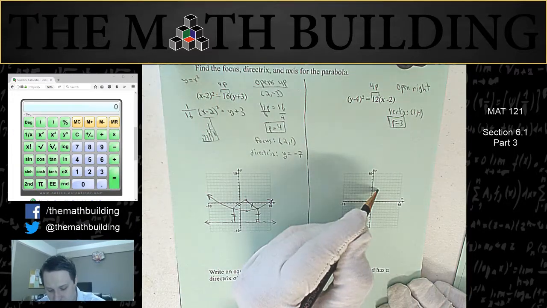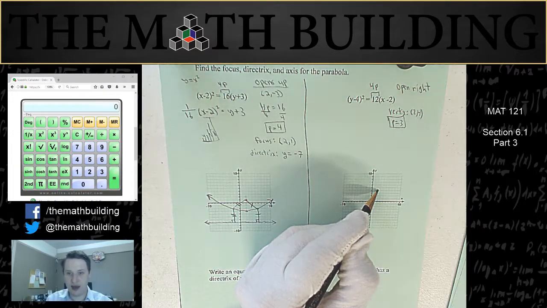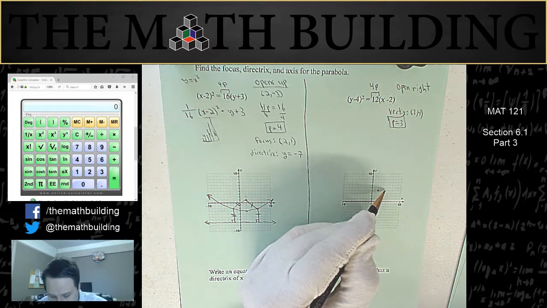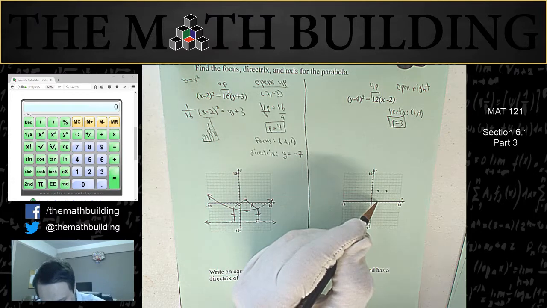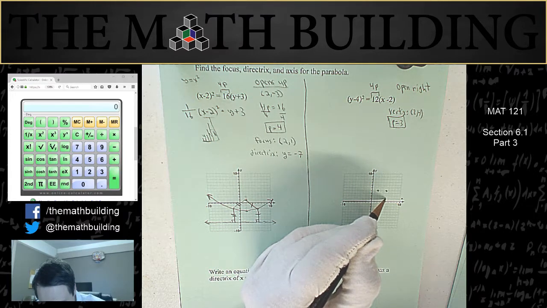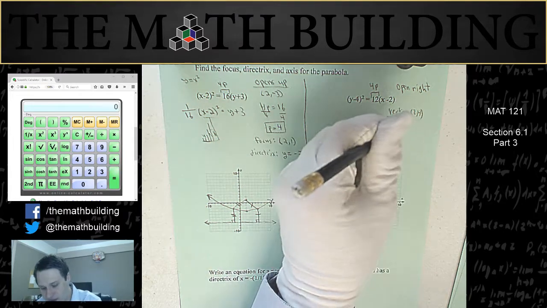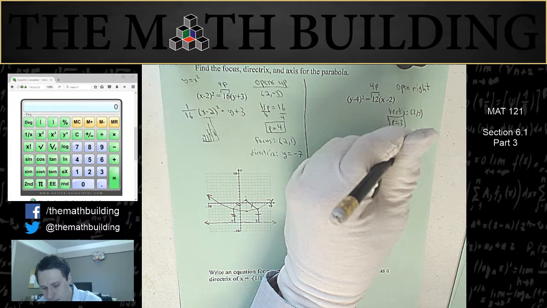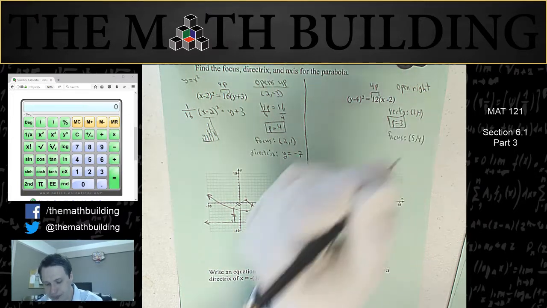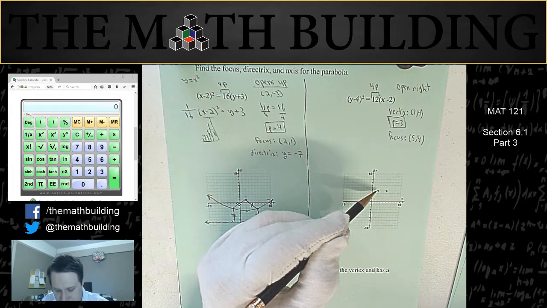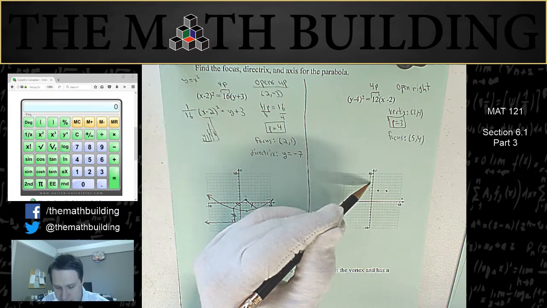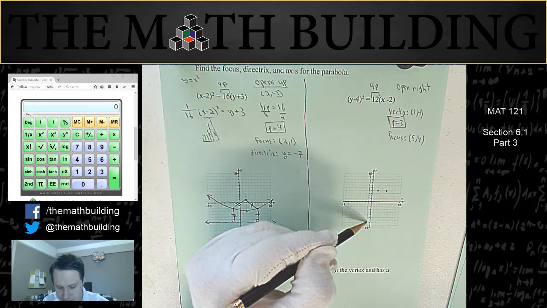So that means that because we're opening to the right, we're going to move 3 spaces to the right, and there's our focus. So the focus is at 1, 2, 3, 4, 5, 1, 2, 3, 4. So the focus is at 5, 4. The directrix is going to be the same distance to the left, 1, 2, 3, and it's going to be a vertical line this time because it's y squared.